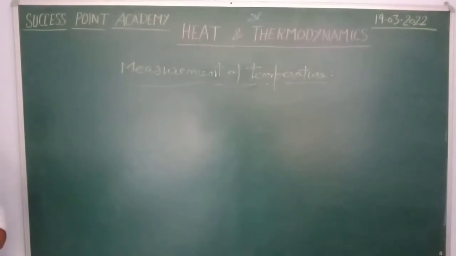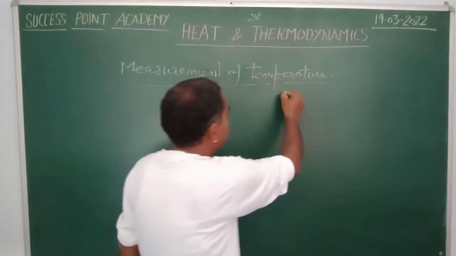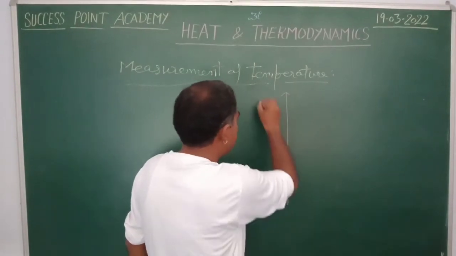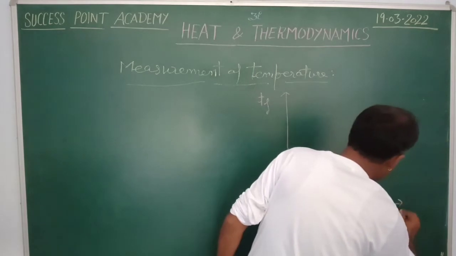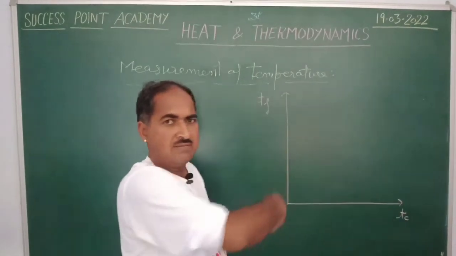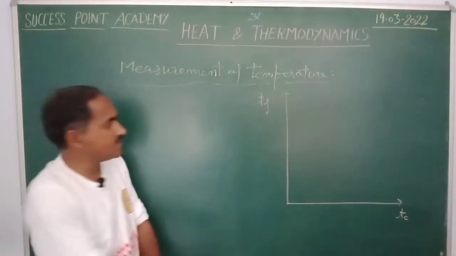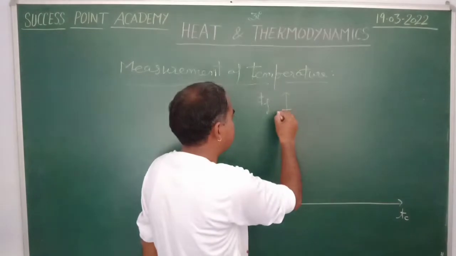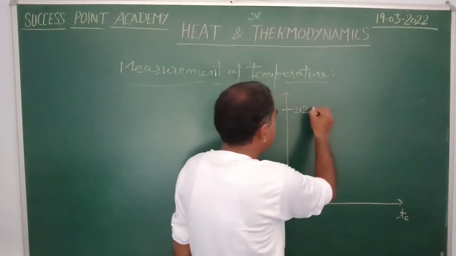You will draw a graph where the axes are TF and TC. If 212 comes here, then it will be like this.